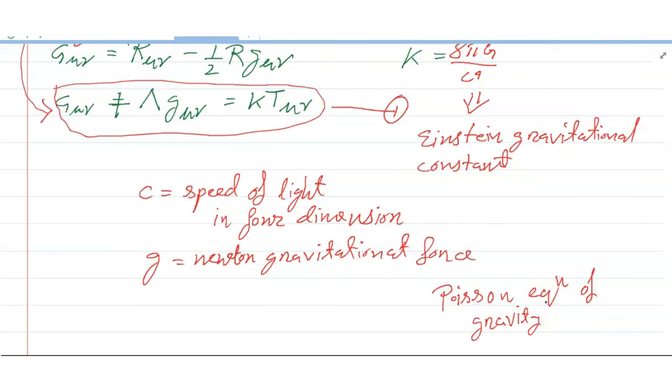The 8 pi factor comes from the Poisson equation and computation on its spherical surface.